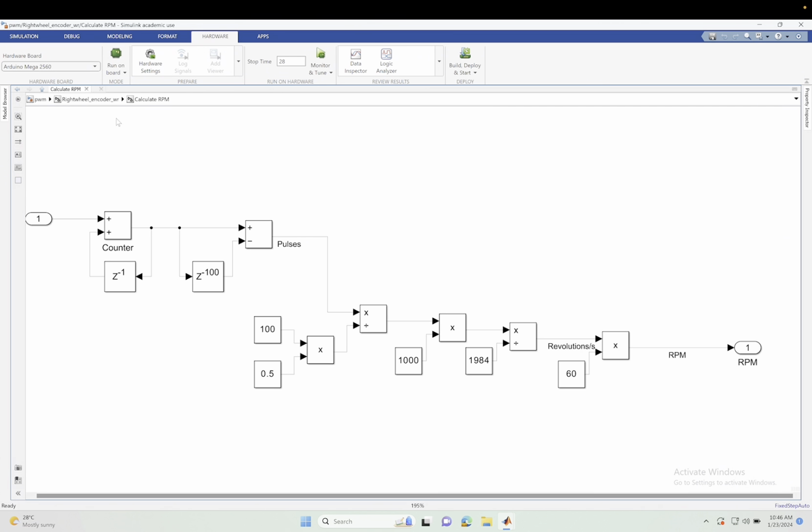These are just revolutions per second, so we have to change them into revolutions per minute by multiplying by 60. This 1000 is because of the milliseconds, the 0.5 milliseconds that we put here. So here we convert it to seconds, and then divide by PPR, which then we convert to RPM.